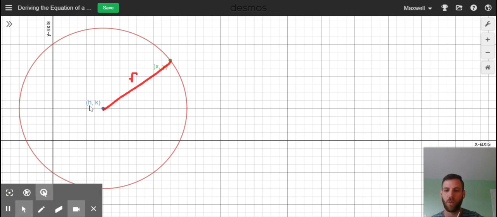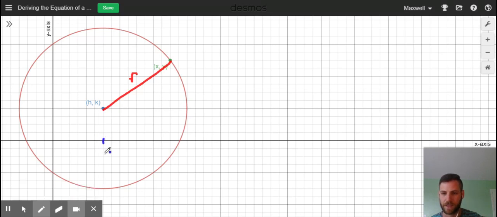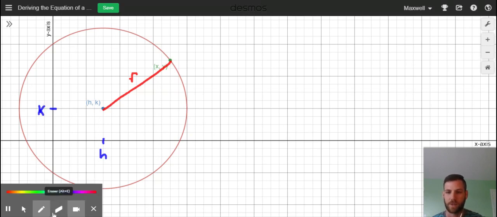Now H and K are right here. We could mark down that right here on the x-axis is h, and right here on the y-axis would be k, since that lines up with the center of our circle.